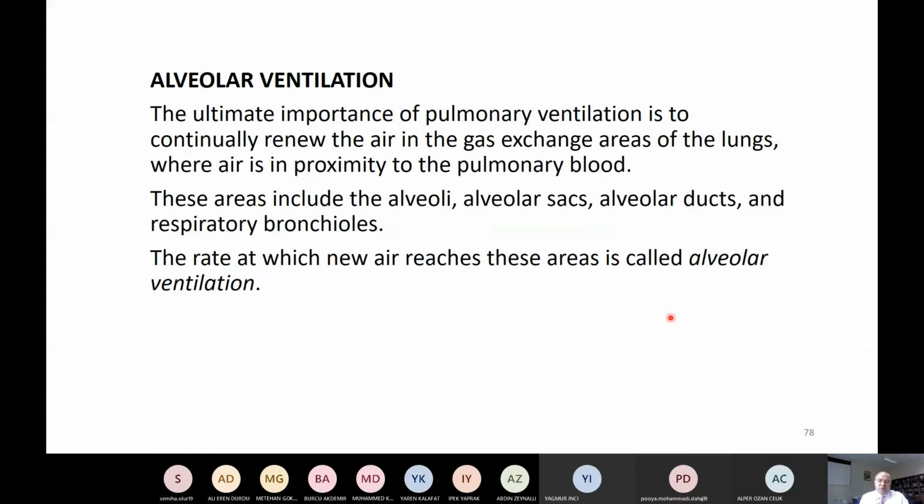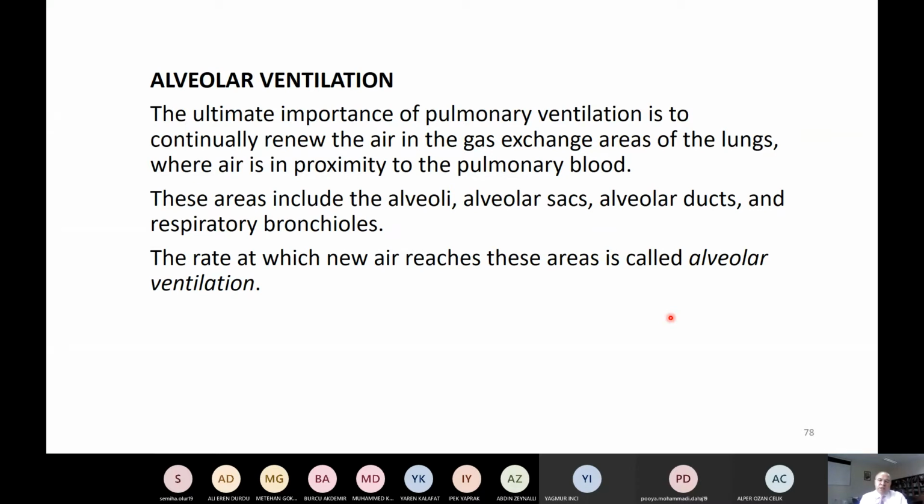It will not arrive in the respiratory bronchioles and alveoli later on. So there will be no gas exchange in this transmitting section of the respiratory passages. So of the 500 milliliters of air, only 350 milliliters can reach the alveoli, where gas exchange can occur.